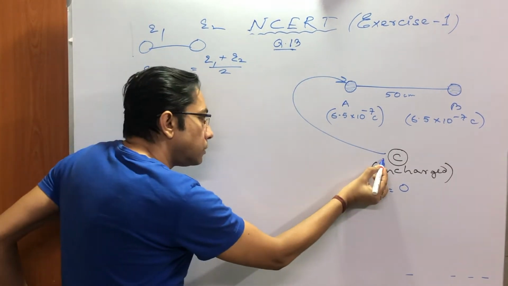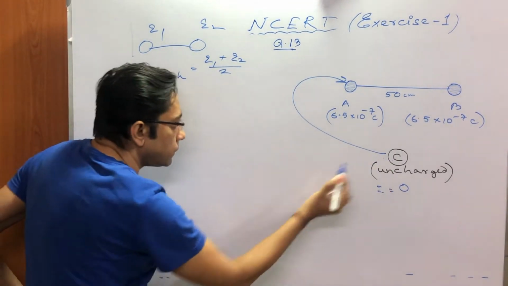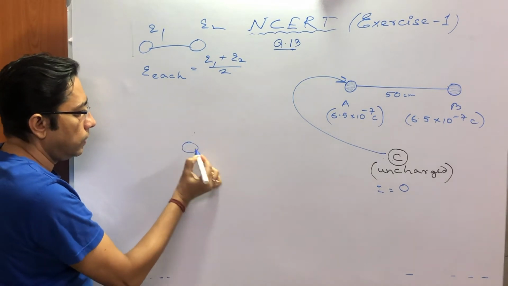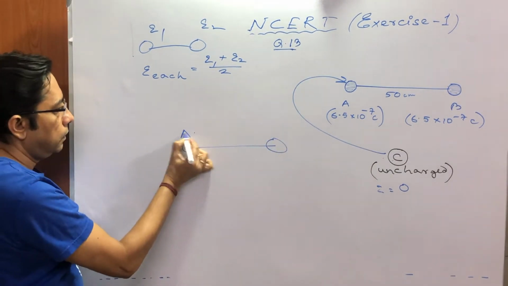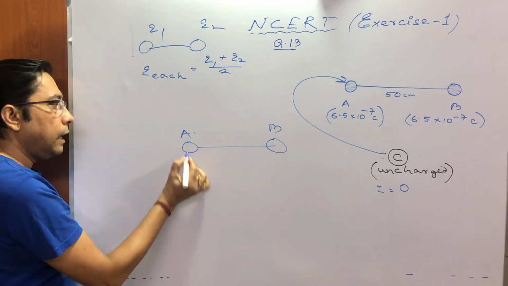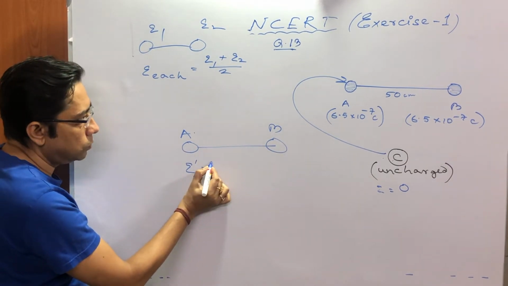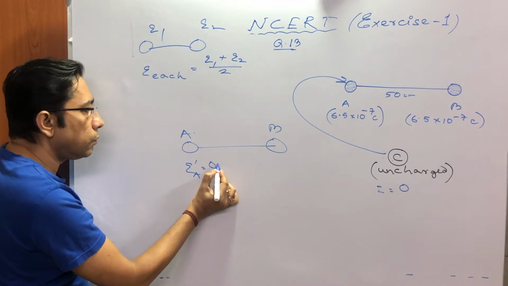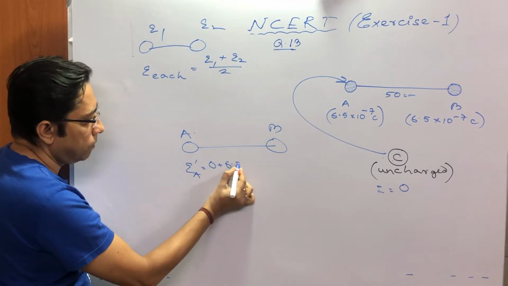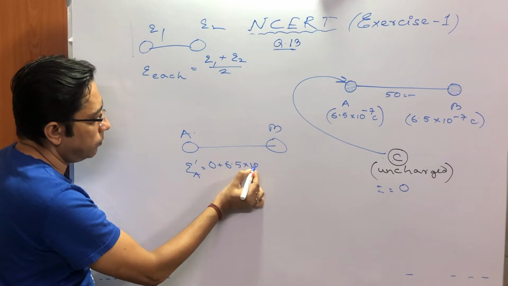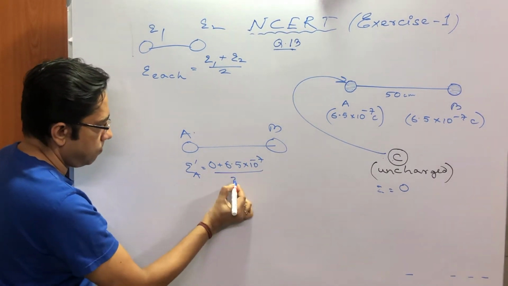So then the charge of C, I am writing here. Let us draw A and B again. A has a new charge QA dash equal to 6.5 into 10 to the minus 7 by 2.